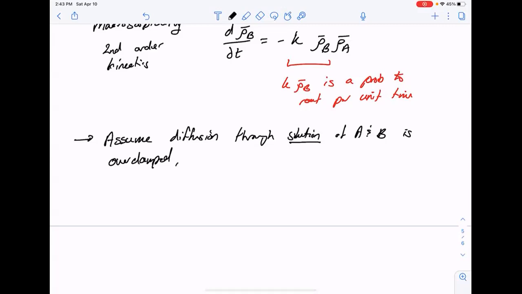If it is overdamped, then each species will diffuse around due to intermolecular forces F and random forces eta with potentially their own friction coefficients. A and B need not experience the same amount of friction as they move through the solution. However, for simplicity, let's imagine that that gamma is constant.